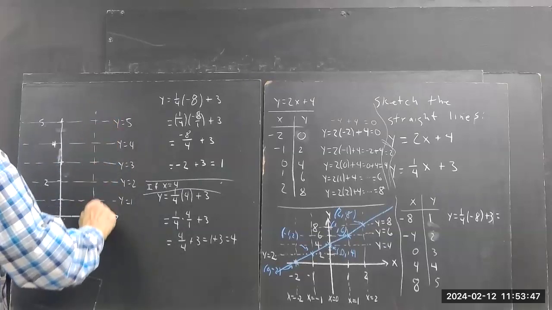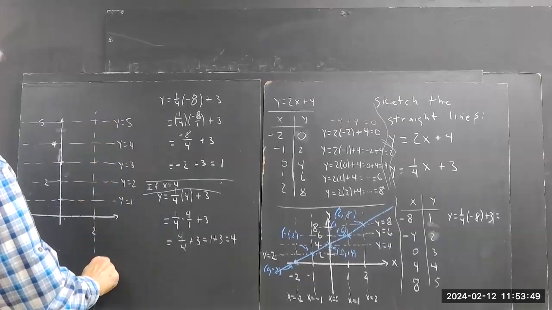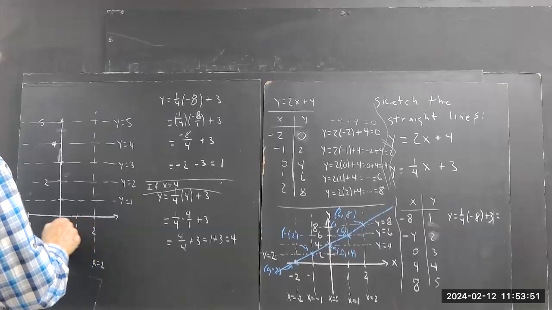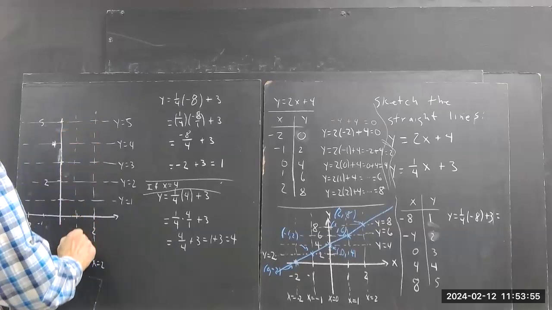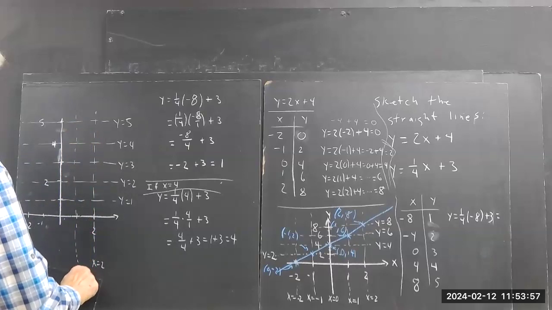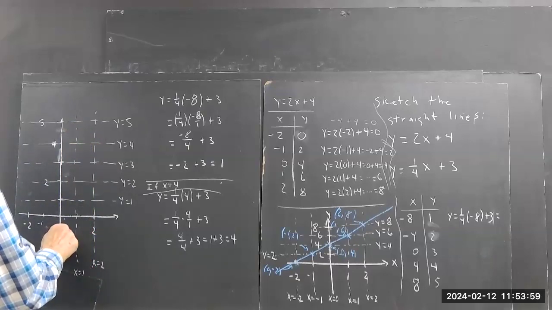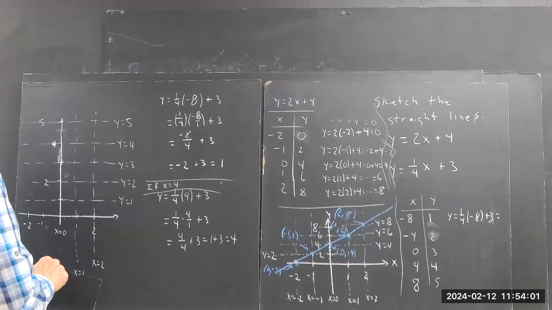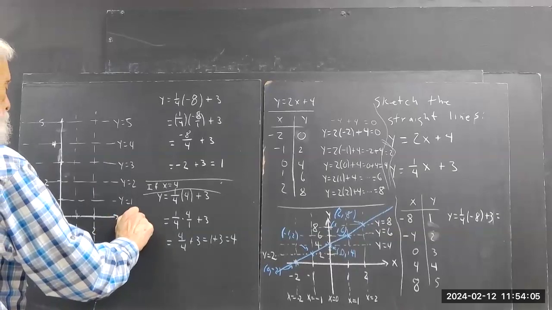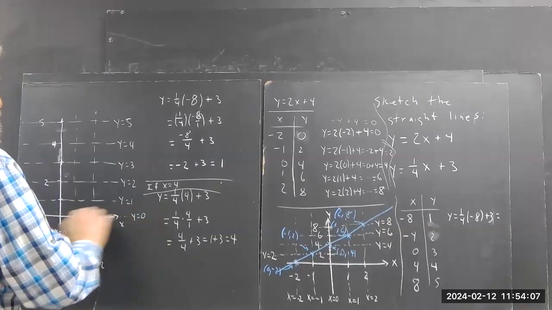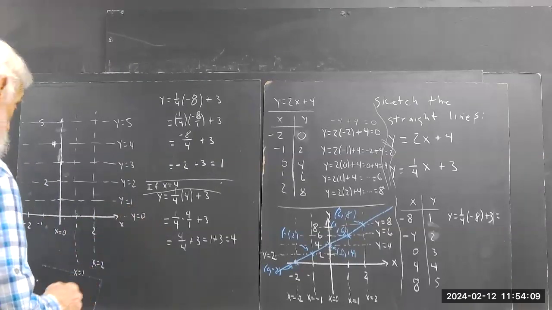There's one, and there's none of those. That's equal to one. The y-axis is x equals 0. And the x-axis is y equals 0. So we're going to include that.